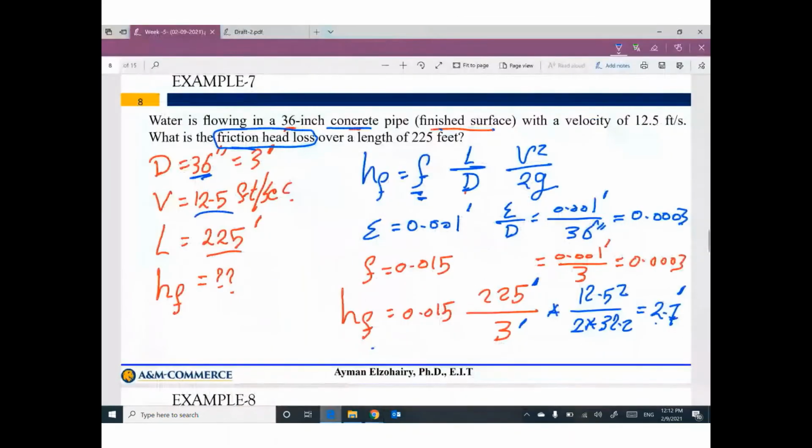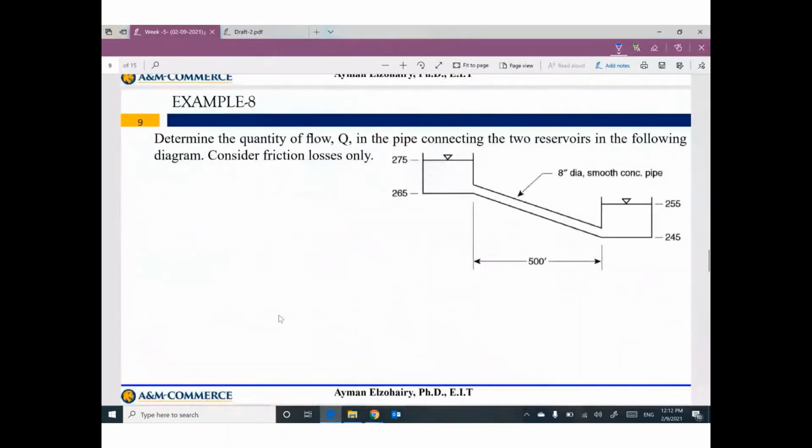Okay. The second example will be the last one for today. We can expect one like this in the coming exam. We have two tanks, tank number 1 and tank number 2.